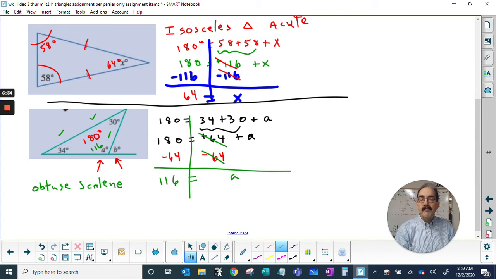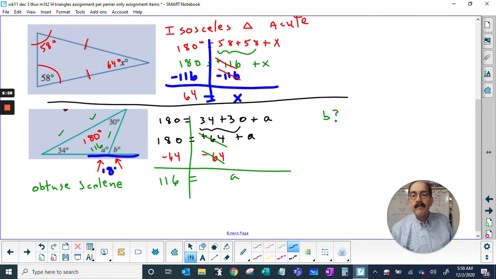All right, well, we're halfway. Now we need B. How can we get B? Straight line. How many degrees in a straight line? 180 degrees. So we're going to write 180 here.